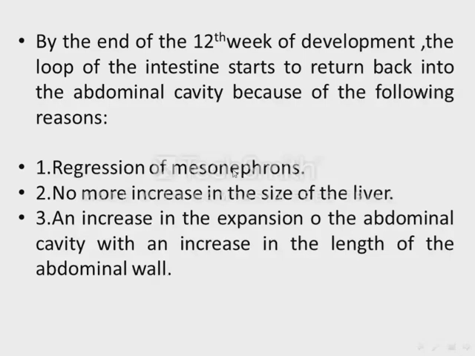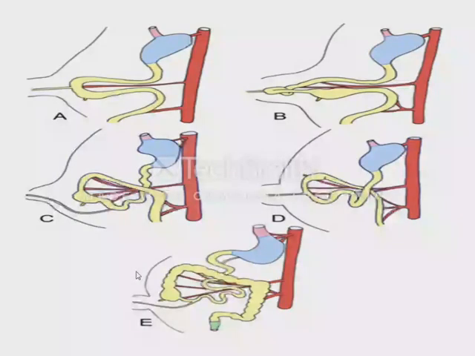Number 1, regression of the mesonephros, no more increase in the size of the liver, and increase in expansion of the abdominal cavity with increase in the length of the abdominal wall. So there is a reduction of the physiological hernia, returning back into the abdominal cavity.